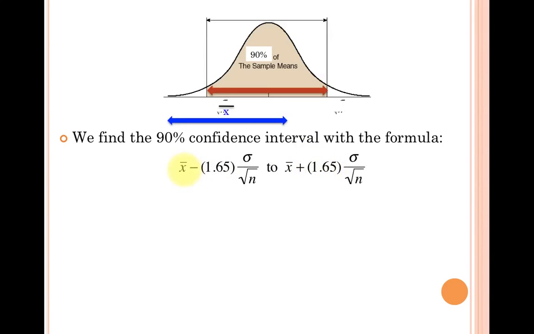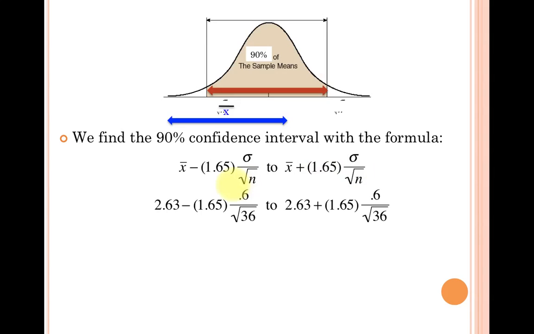So I am keeping with the textbook's convention. And here, sigma divided by square root of n, we have something that's familiar. It should look like the standard error to you. So we have X bar minus z times the standard error to X bar plus z times the standard error.